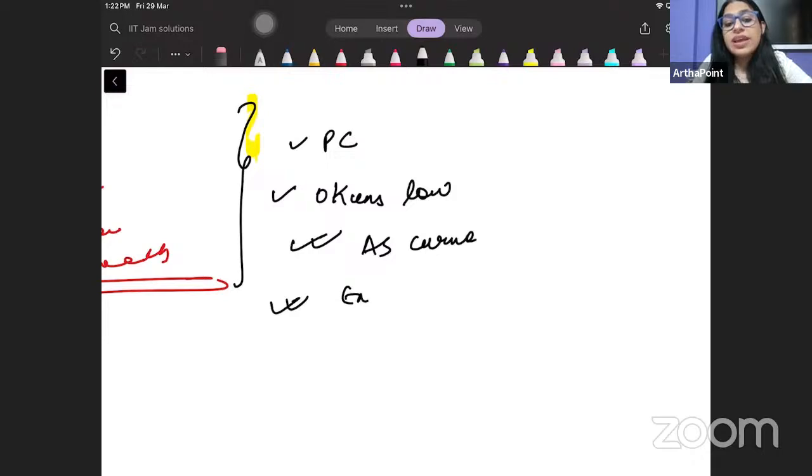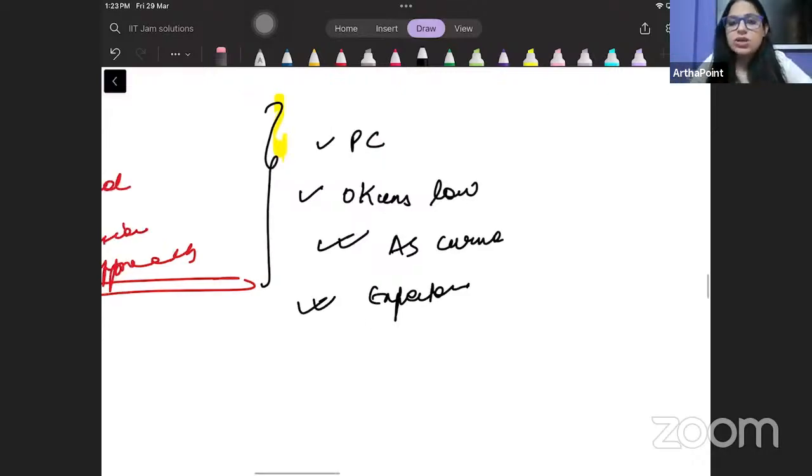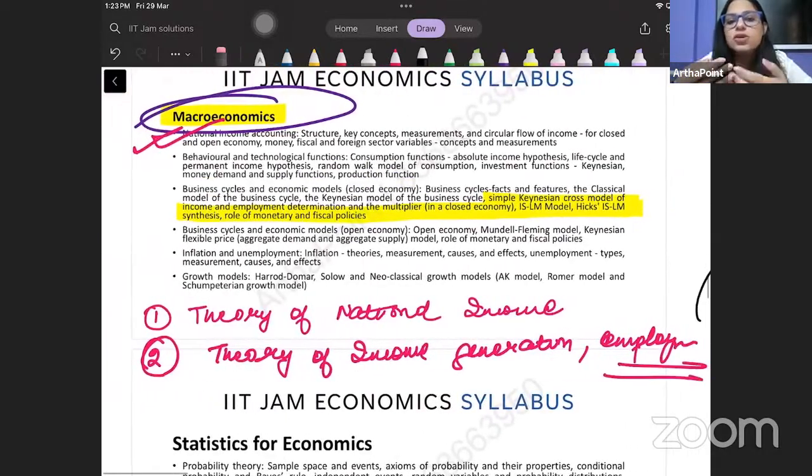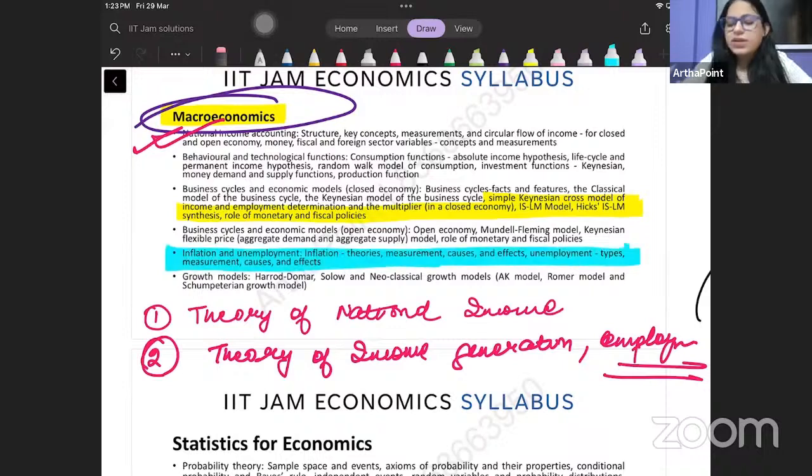We will talk about the expectation theory: how rational expectation works and how adaptive expectation works. So we will focus on the Phillips curve, Okun's law, etc. That means, beta, we will be talking about the different theories of employment, unemployment and inflation.